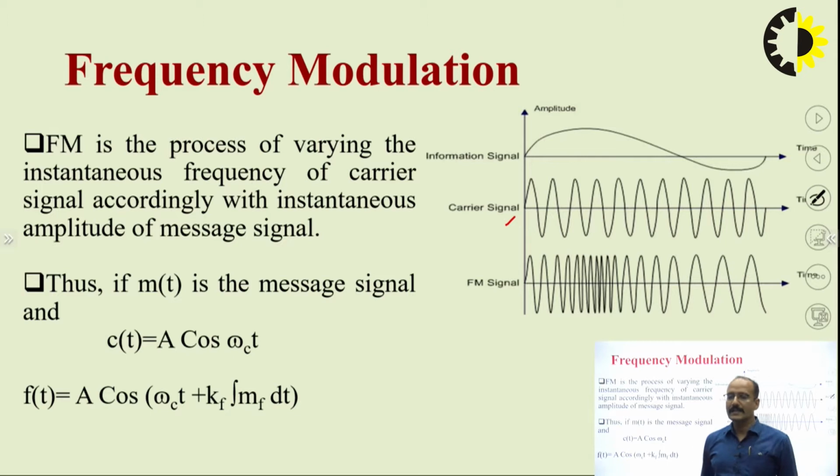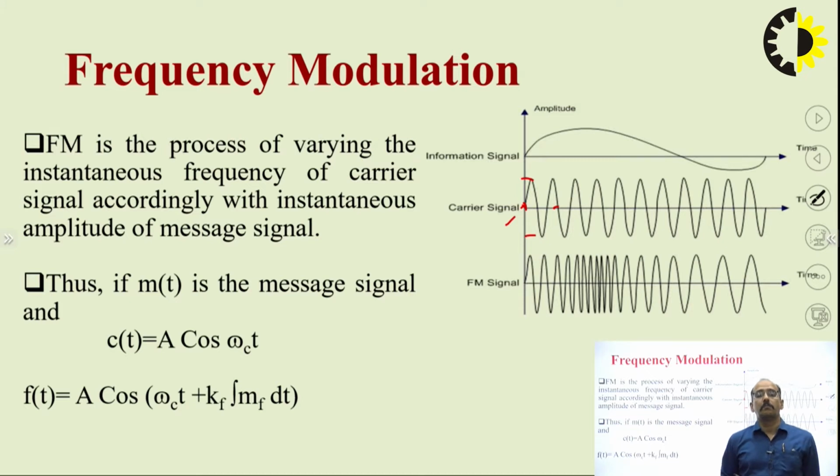A carrier signal has three parameters: amplitude, phase and frequency. This part, the cycle from here to here, is showing the frequency, the angle is showing the phase, and the maximum and minimum value shows the amplitude. So, when we want to perform frequency modulation, how is it going to be performed?